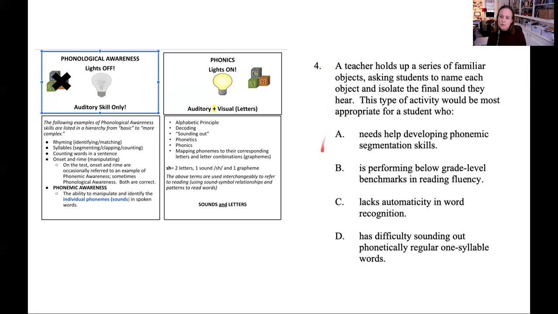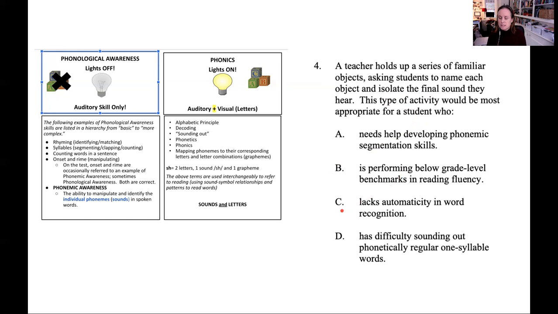And without information about grade level benchmarks and reading fluency, we can't draw any conclusions. At the same time, I can say that a child who's working on phonemic awareness is probably also not at a stage where they are reading passages for fluency, but you wouldn't have to know that in order to answer this question. You just know that the information here is about phonemic awareness and B is not.